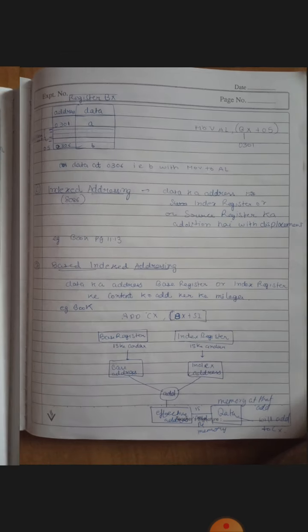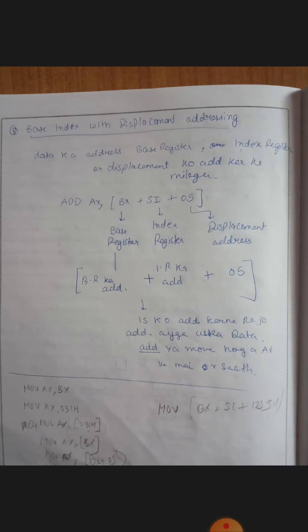Now we'll move to the next example, base index with displacement addressing. In this, along with the destination register, there is a base register and an index register along with a displacement.